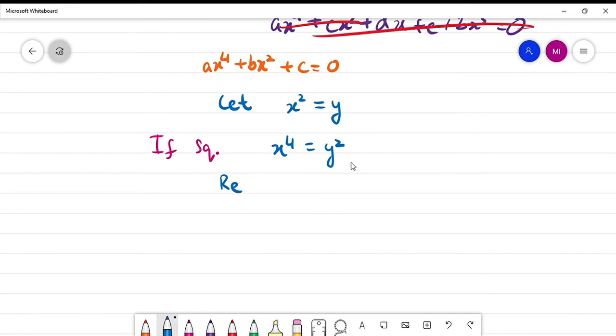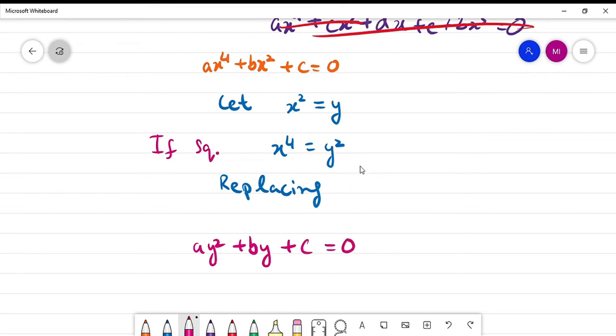And now, replacing the values of the variables, we get a new equation, ay squared plus by plus c is equal to 0.